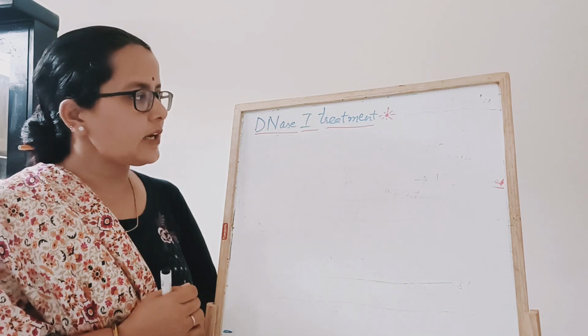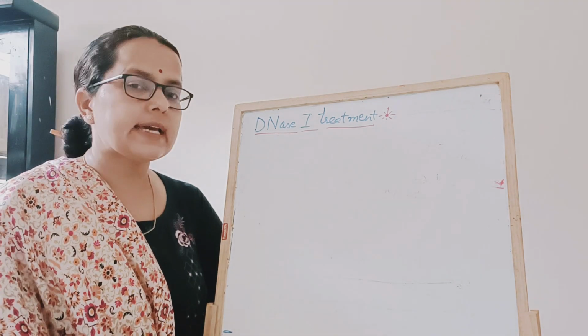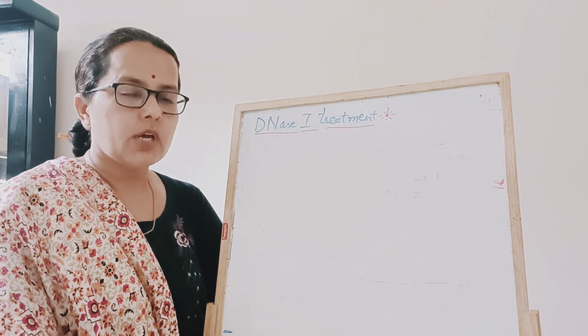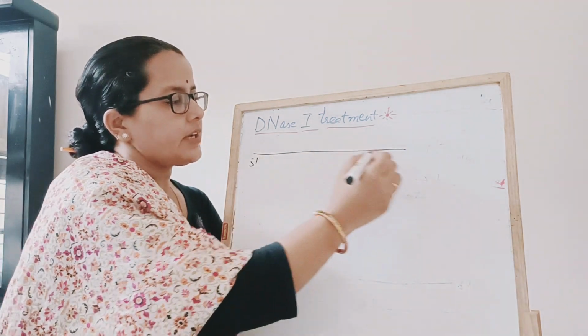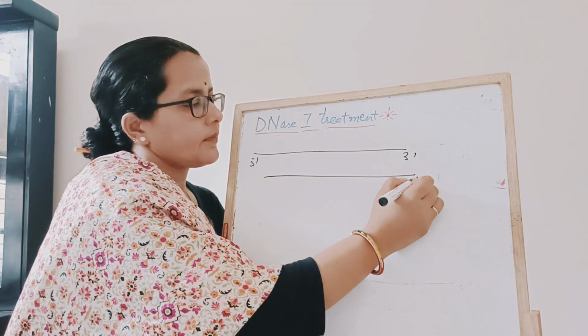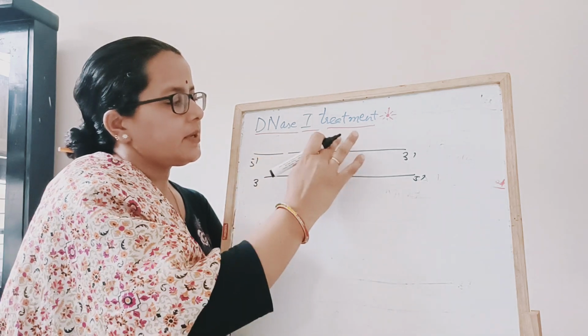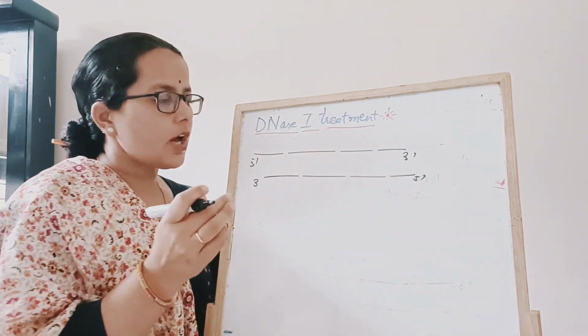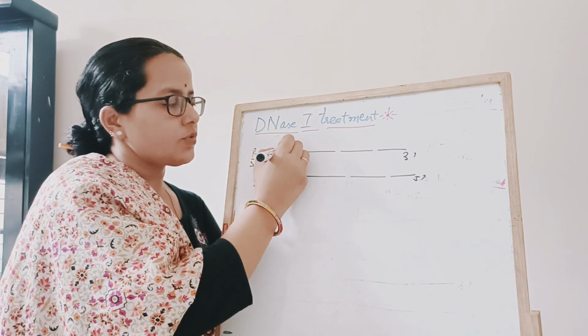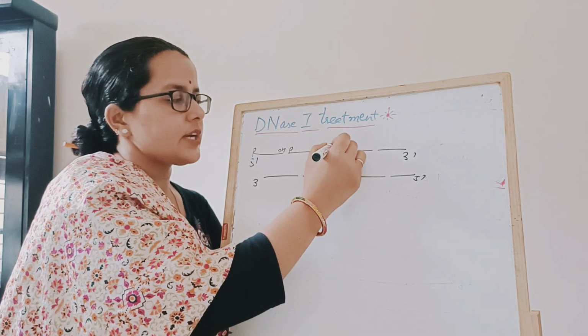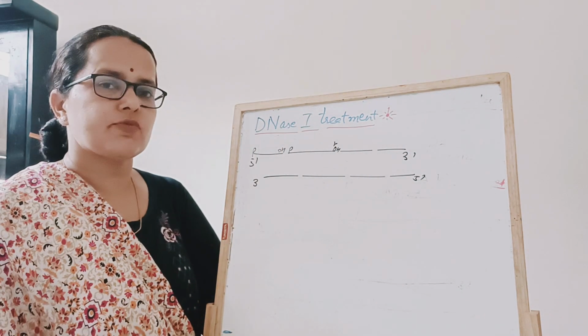For that we can utilize the DNase I enzyme. This enzyme makes random cuts, and it leaves 5' phosphate and 3' OH groups at the ends.